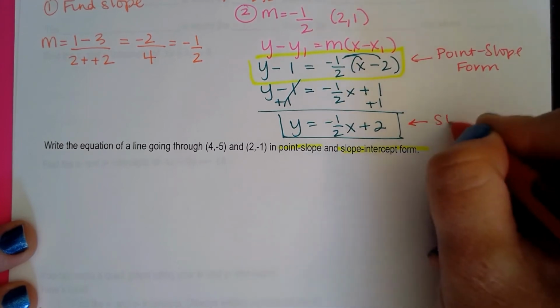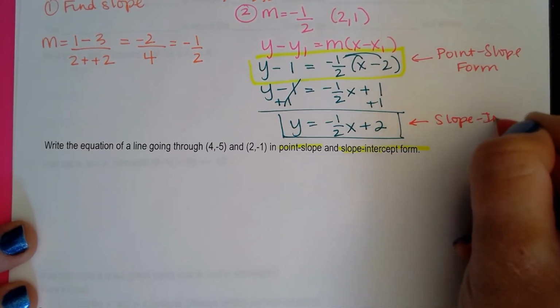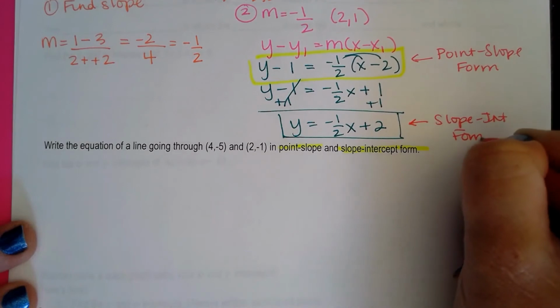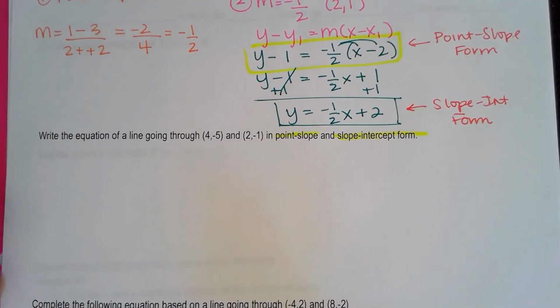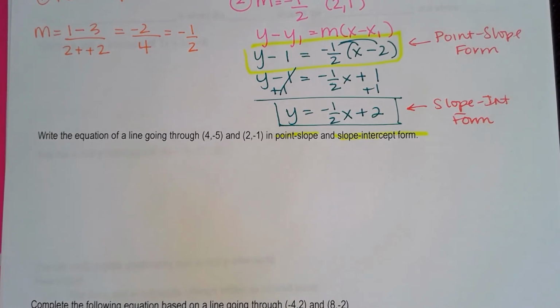And then this is slope intercept form. Okay, so you're going to do the same thing down here. Write the equation of a line going through 4, -5, and 2, -1 in point slope form and in slope intercept form. Go ahead.